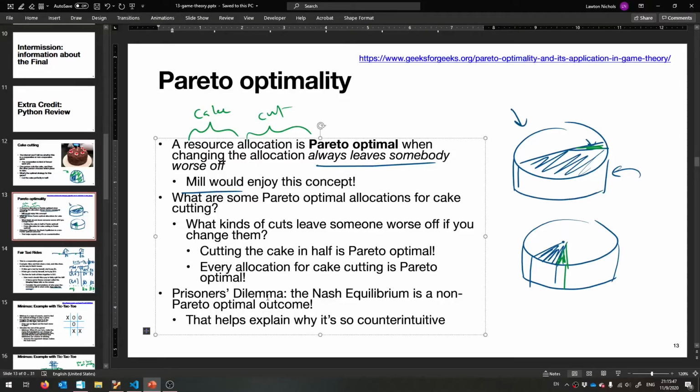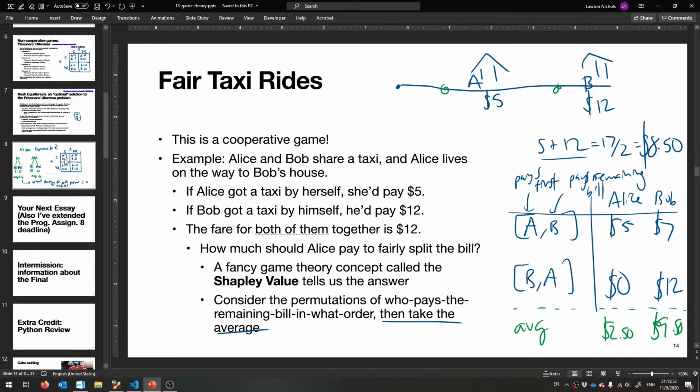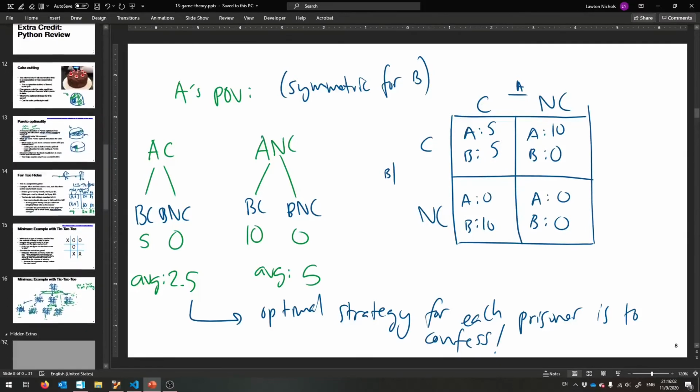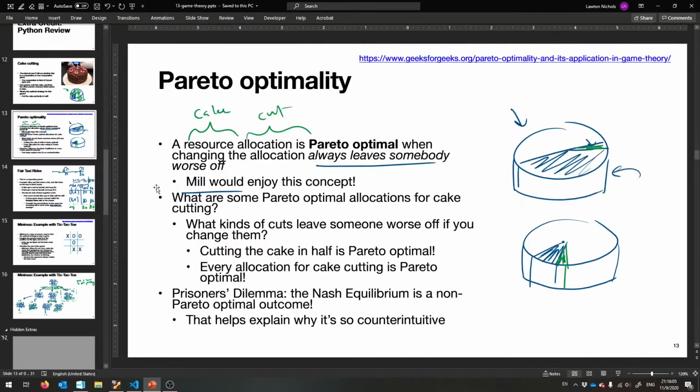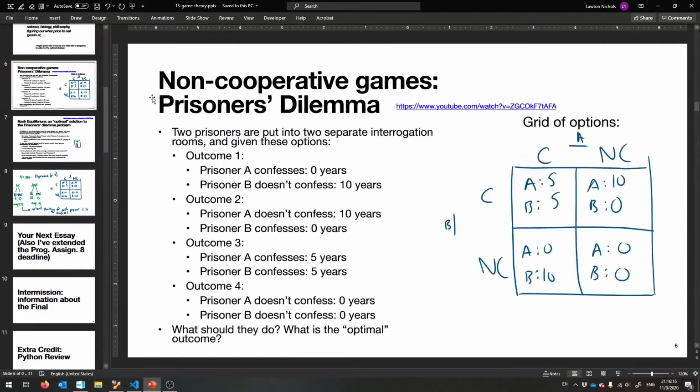For that issue, it just so happens that the Nash equilibrium, which is everybody confesses, right? If we scroll back on up here, everybody confesses, that is the Nash equilibrium. That's what everybody's going to want to do. That is the optimal strategy, in a sense. That is a non-Pareto optimal outcome, in fact, because there's a better outcome for both prisoners if they just didn't both confess.